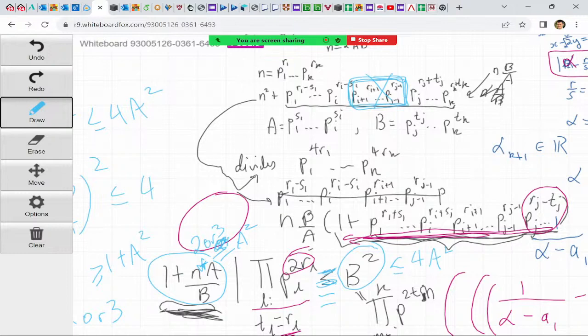N over b doesn't get rid of any, then the A becomes, and then we just have a 2 over 2 or 3. If it's 4, then it's more than 4. So it has to come from the A. It could be 1 plus 2a squared again, or 1 plus 3a squared coming from the a part.